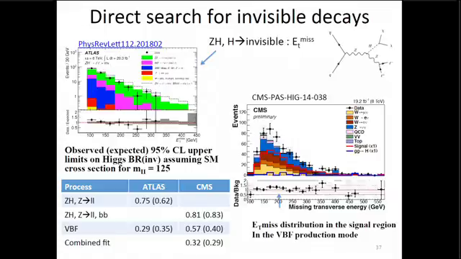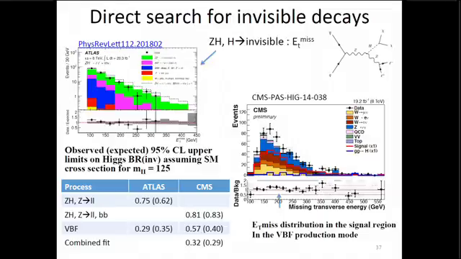This is the analysis in the vector boson fusion production mode, again looking at missing transverse energy, from CMS. And these are the limits that you can obtain for these direct searches that are a bit less stringent than the one shown before for this case.